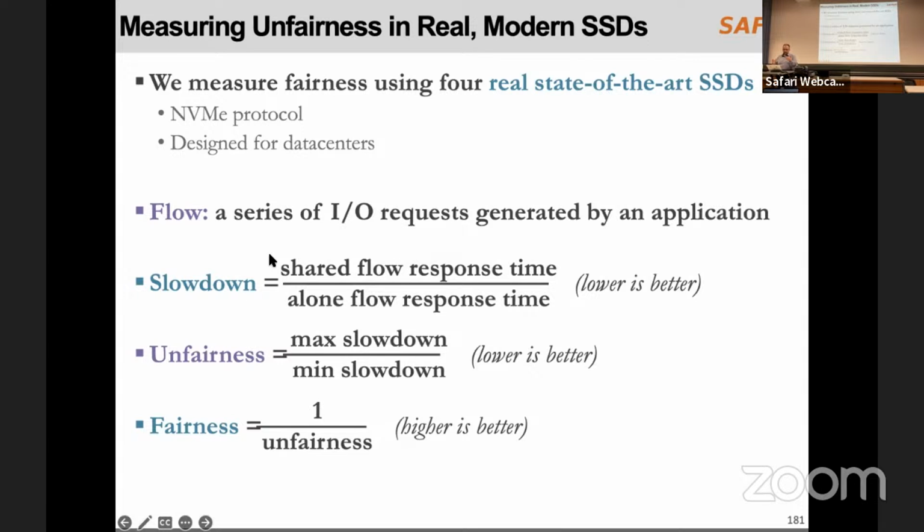Slowdown is essentially the shared flow response time divided by the alone flow response time. Clearly, lower is better. Unfairness is the maximum slowdown divided by the minimum slowdown, and again, lower is better. And fairness is basically the reverse of unfairness, and higher is better.